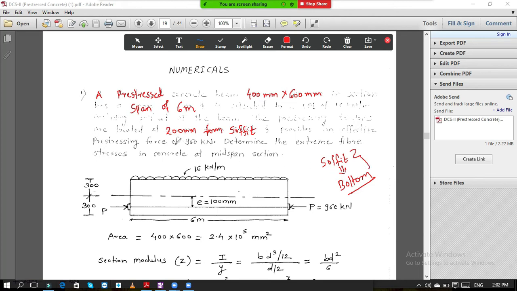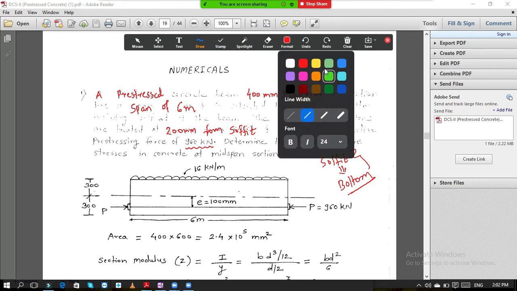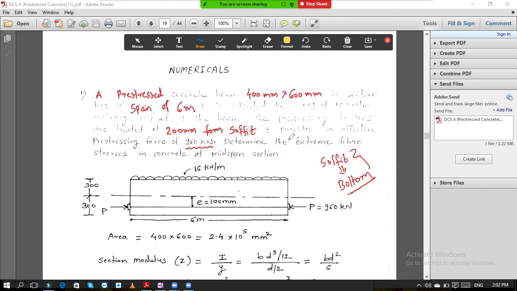So your stressing force of 960 kilonewton is acting at 200 mm from the soffit. Determine the extreme fiber stresses in the concrete at midspan.